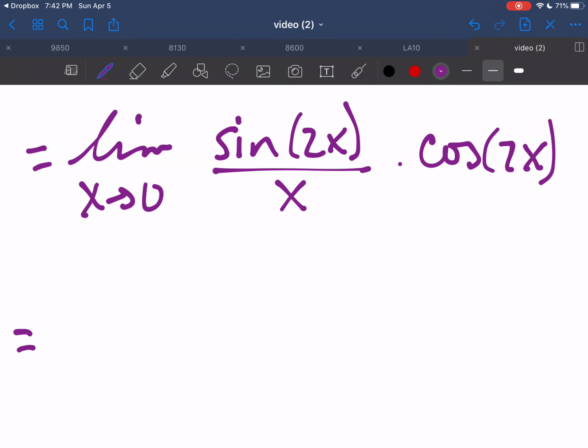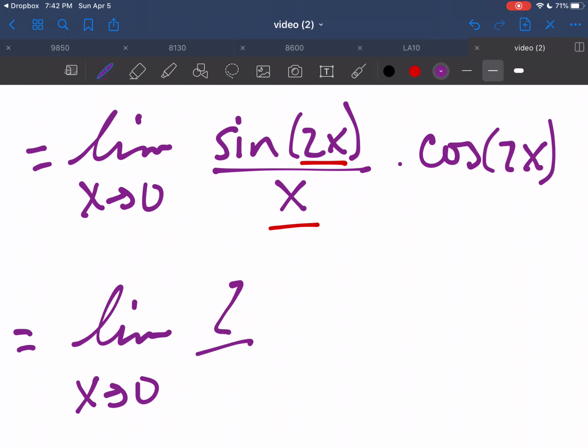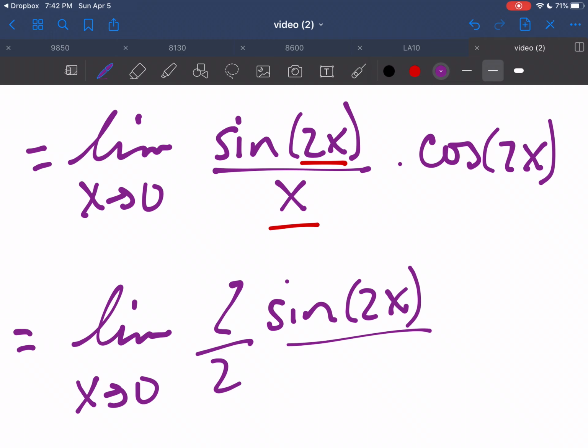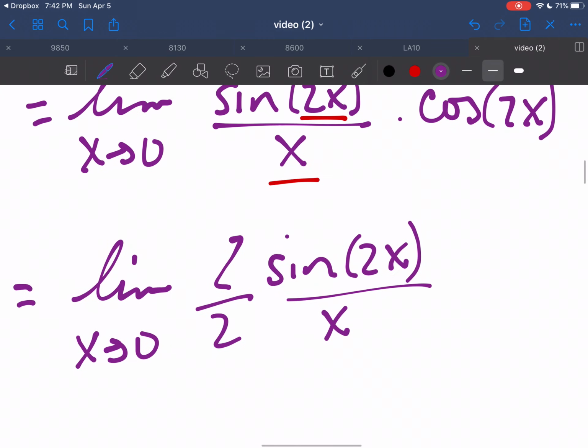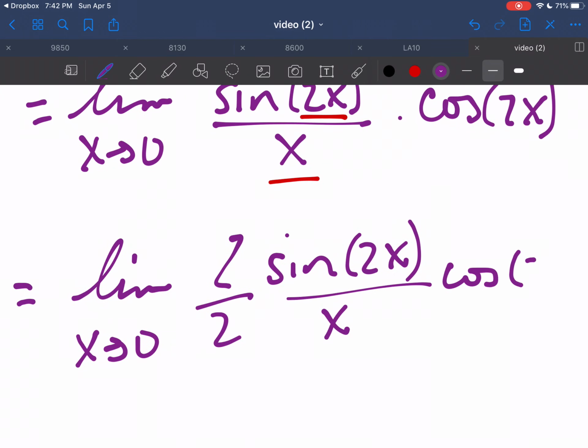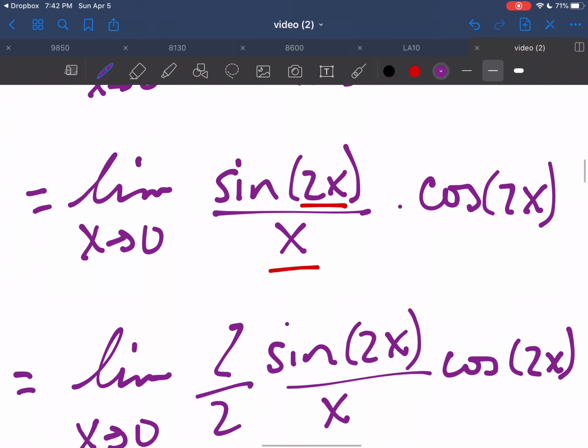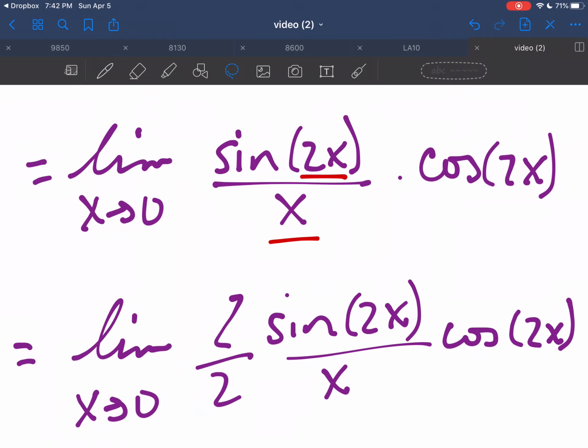I can multiply by 2 over 2 to make these equal. Sorry, that should be 1 over cosine of 2x.